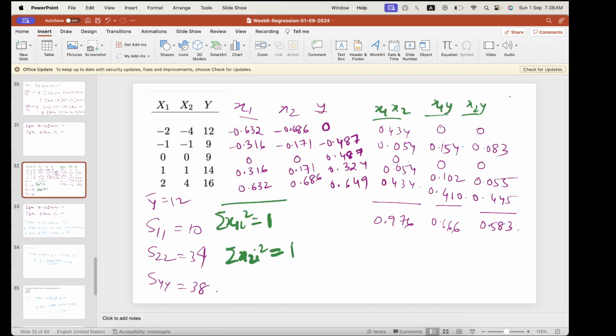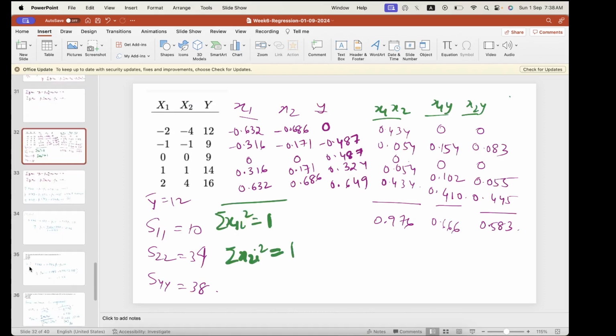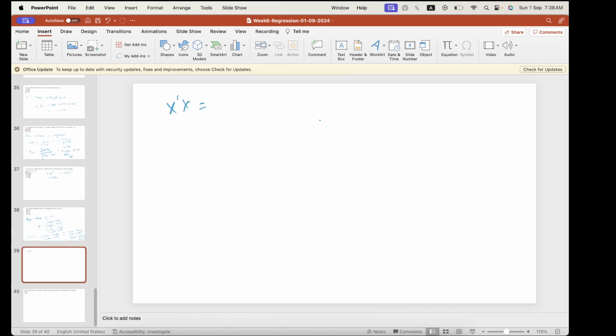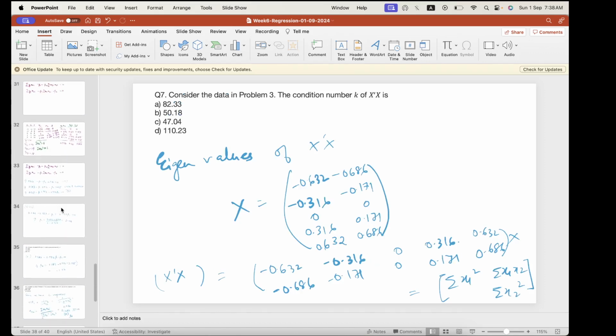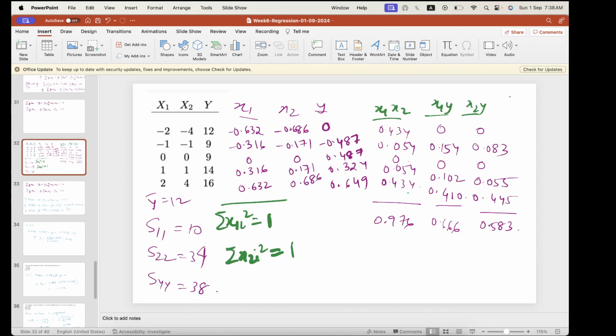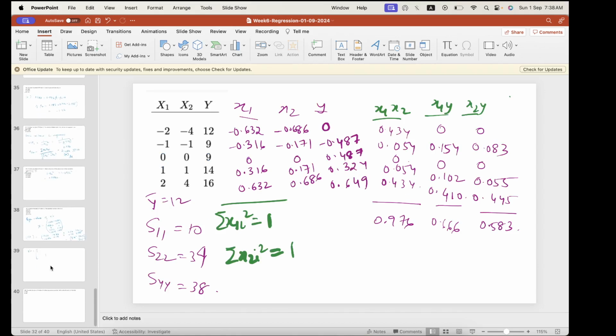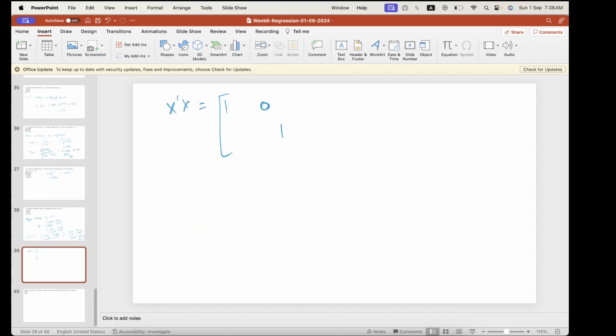That is 1. Okay, this is also 1, and summation x1 x2 boils down to 0.976. Okay, so it is 0.976, this is also 0.976.